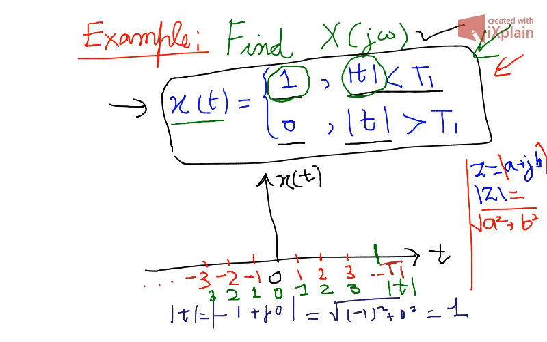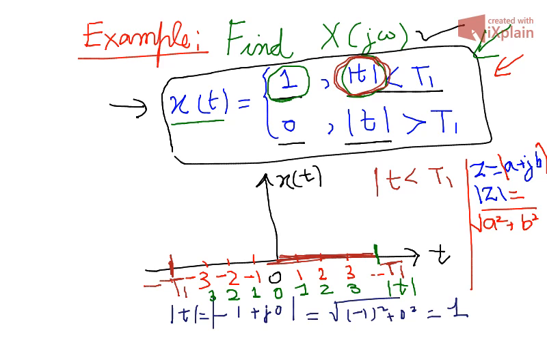We can also find minus t1 here, and all the values on this axis from 0 up to this t1 are values of t less than t1.